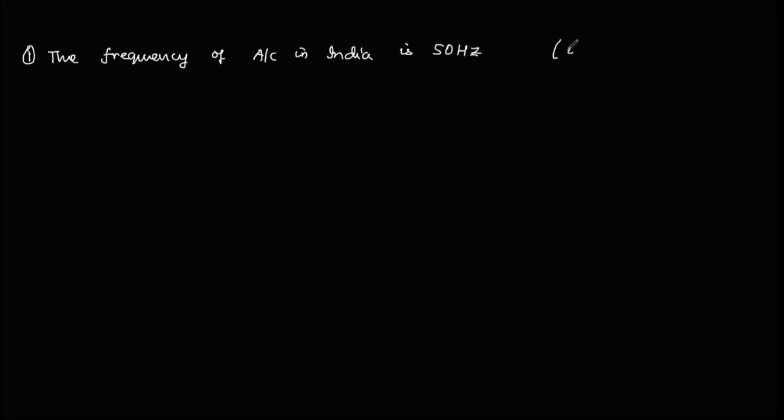So omega, which is equal to 2 pi f, will automatically be written as 100 pi radian per second. And if I write the expression for I, then it will be written as I is equal to I naught sine of 100 pi t plus phi. But as per numerical requirement, the equation can be changed.